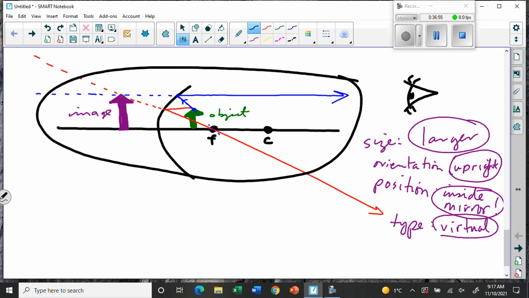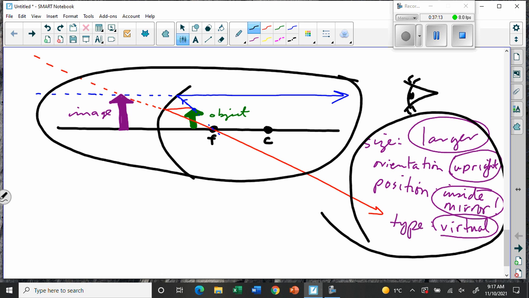I would say, draw a sketch that shows the image in a converging mirror if the object is inside F. And you would have to start and do this and draw all this and show that you know the rules and draw the lines and get the image. And then you would have to list these characteristics of the image. So memorizing them helps when you're drawing so you know what to expect. But you can't just rely on memorizing them if you don't know how to draw the image. So you have to practice both.